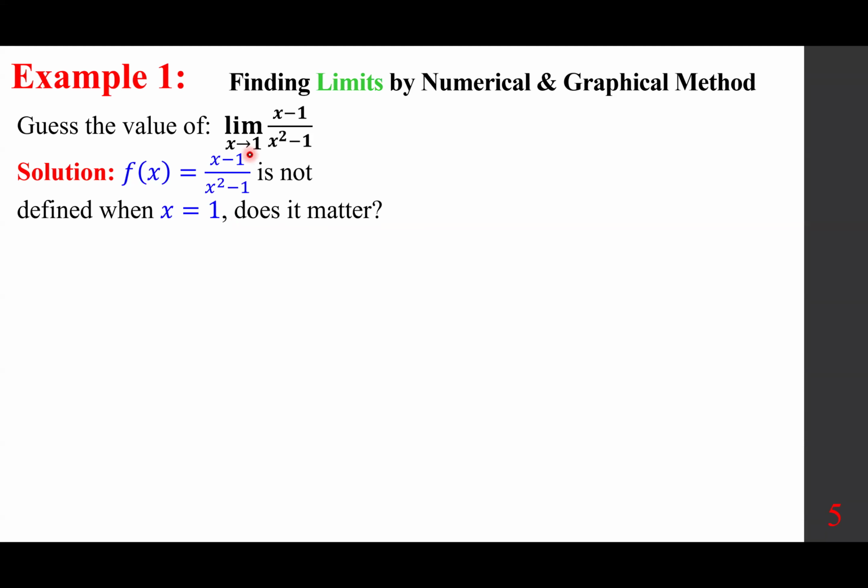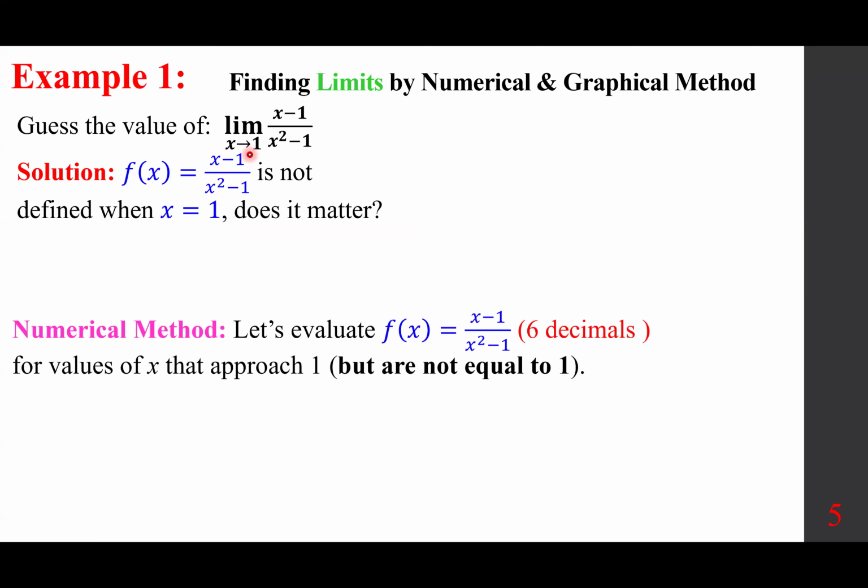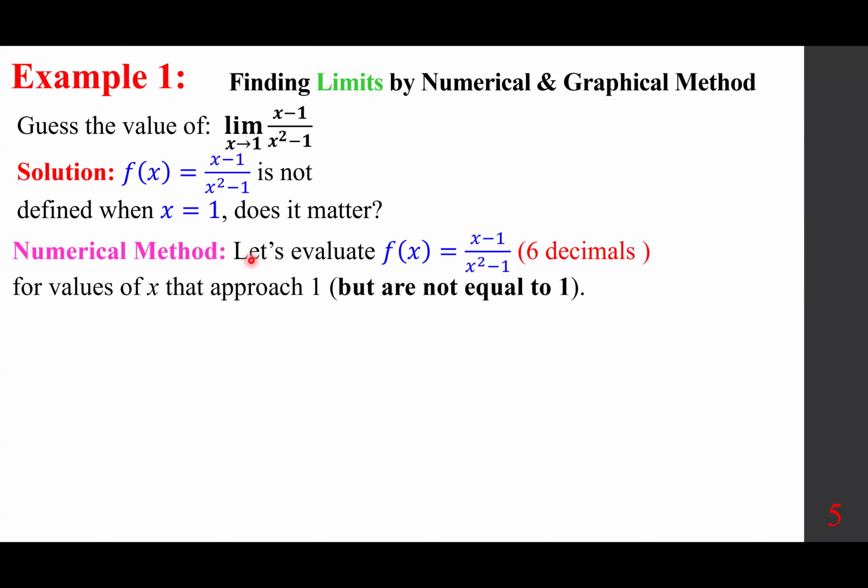So having said that, we are going to look at it from different methodologies. Number one, we're going to start with the numerical method. Let's evaluate the function f of x equals x minus 1 over x squared minus 1 for values of x that approach 1 but are not equal to 1. So that means either from the left or from the right.